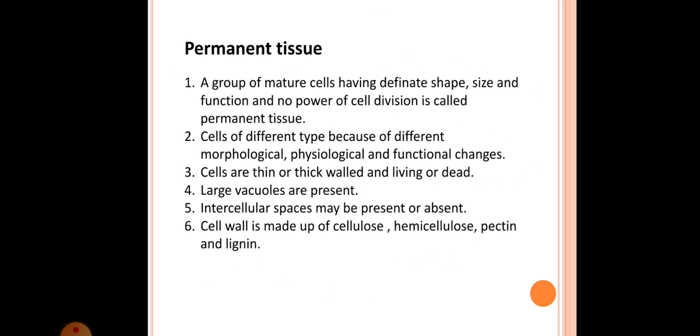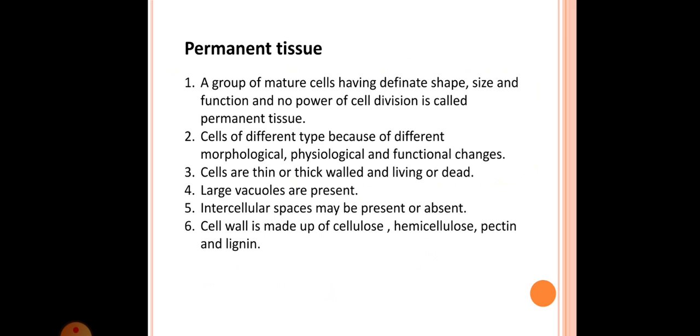Next, we'll see the definition of permanent tissue. Permanent tissue: a group of mature cells having definite shape, size and function and no power of cell division is called permanent tissue. Cells are of different types because of different morphological, physiological and functional changes.